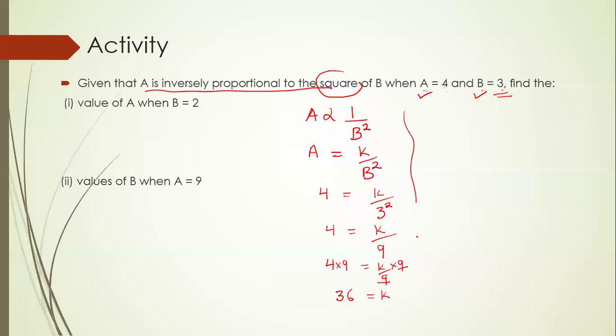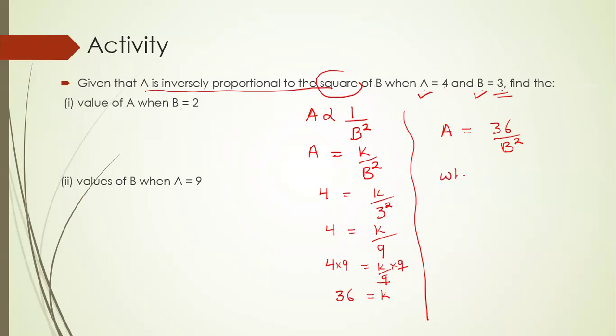Now, after obtaining my K, I go back and write my equation very well: A is equal to 36 over B squared. That's what you get. Now our next task is to obtain, for Roman 1, the value of A when B is 2.